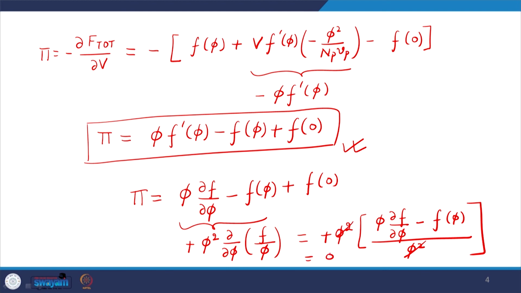So I can write phi square dou by dou phi of f by phi is equal to pi. If I know the expression of pi, I can integrate this and find the expression of f.